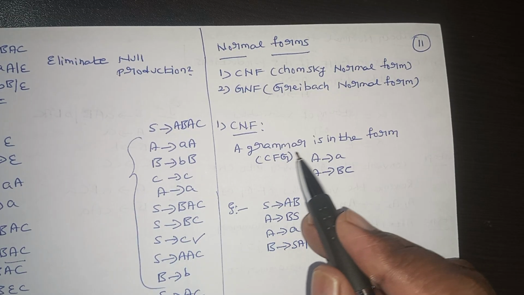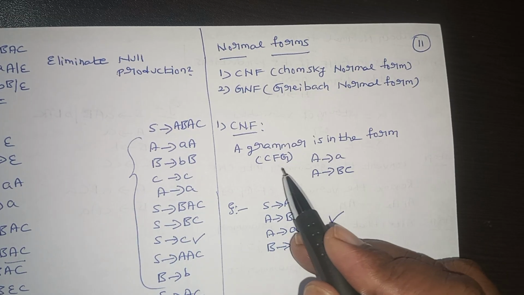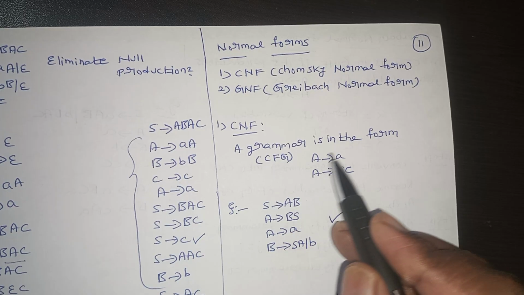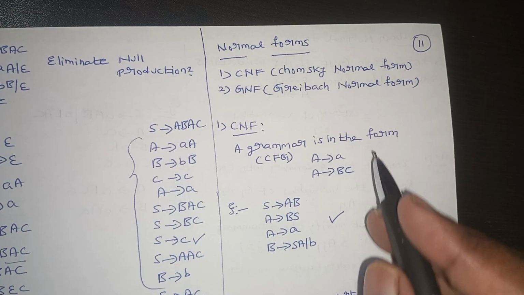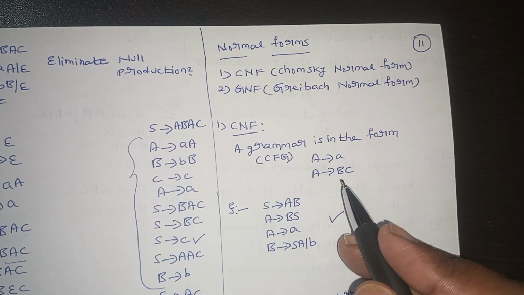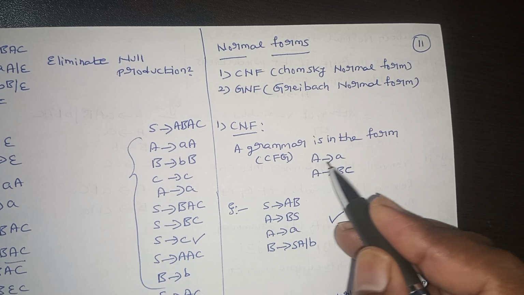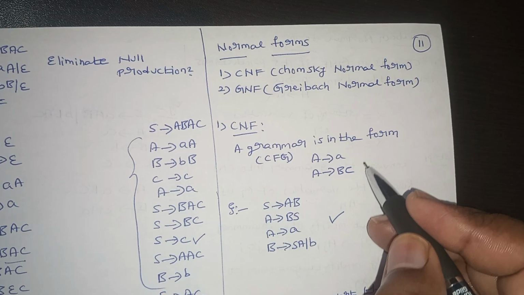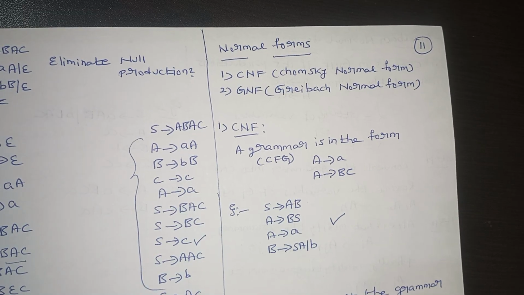A context free grammar is in the normal form, and what type of normal form? Chomsky normal form. Like A tends to small a, or A tends to BC, then this grammar is said to be in the Chomsky normal form.